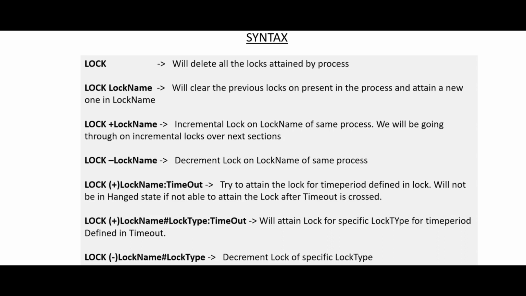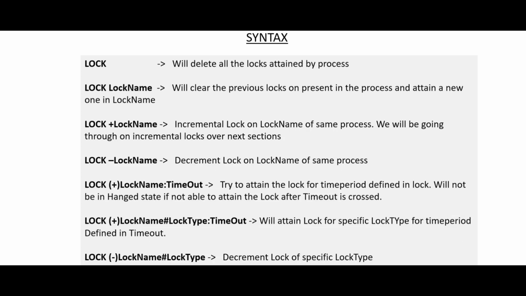LOCK space lock name colon timeout tries to attain the lock for the defined time period mentioned in timeout, and will not be in a hang state if it is not able to attain the lock after the timeout is crossed.